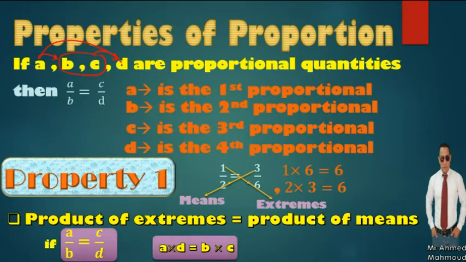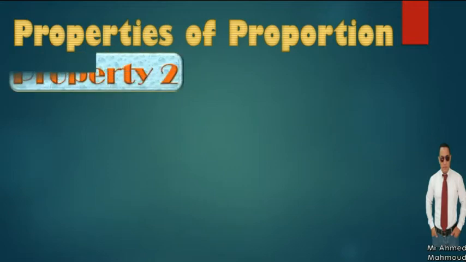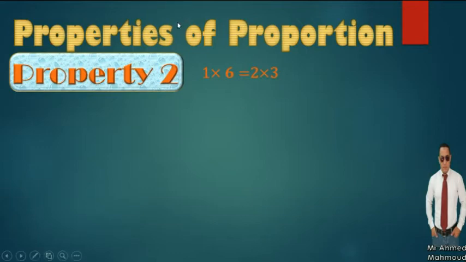Okay, now I'm going to take the second property. In this property, if we have 1 times 6 equals 2 times 3 like this, this is a product of 2 numbers equals a product of 2 numbers. Now I can reverse this to a fractional form or proportional form. How come?